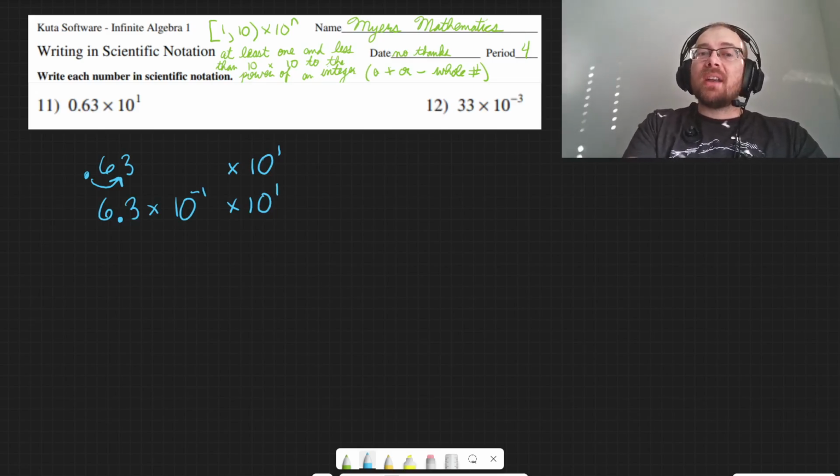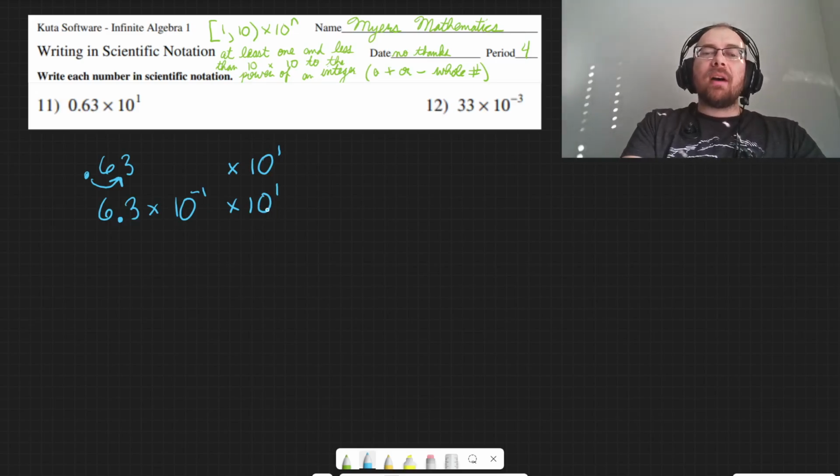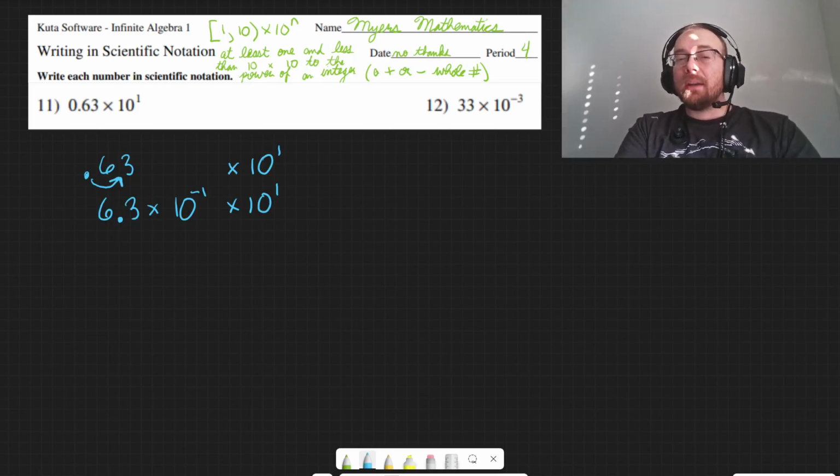Okay, so it's still not technically in scientific notation yet, because there needs to be only one 10 that I'm timesing by. I have to have a number between 1 and 10, and I times it by 10 to the power of something. Well, if I combine these two things, 10 to the negative 1 power is like 1/10, and 10 to the first power is 10. 1/10 of 10 is 1.